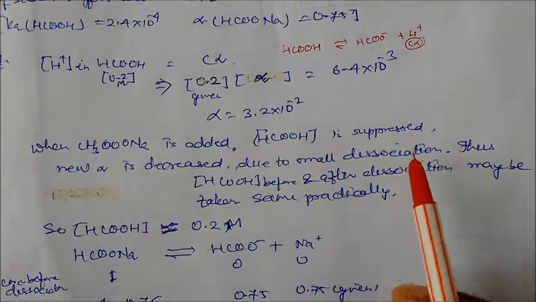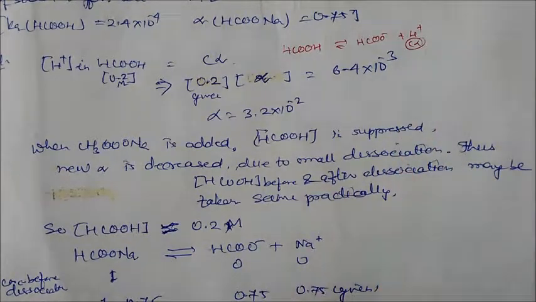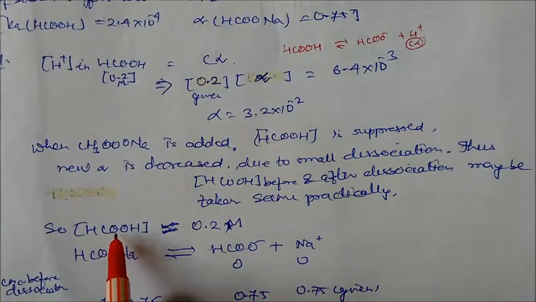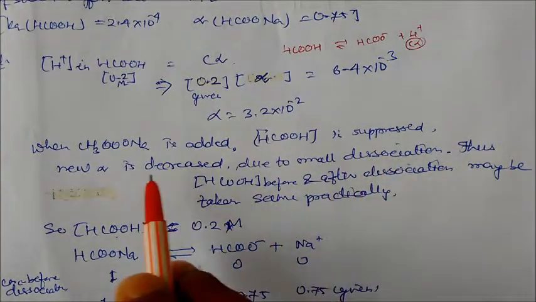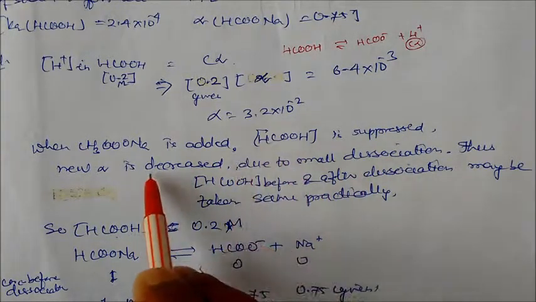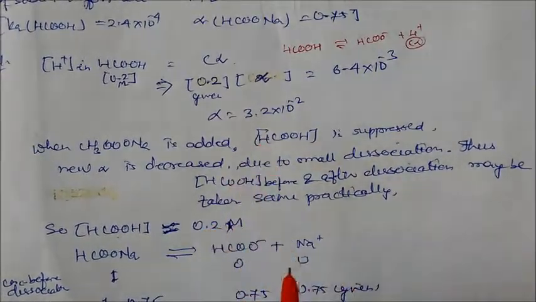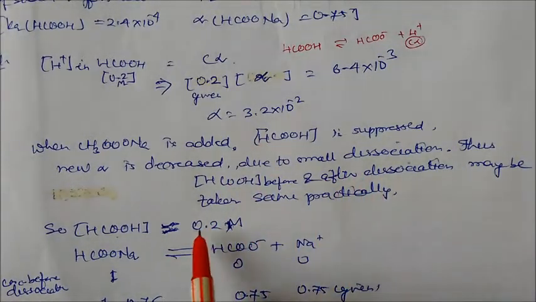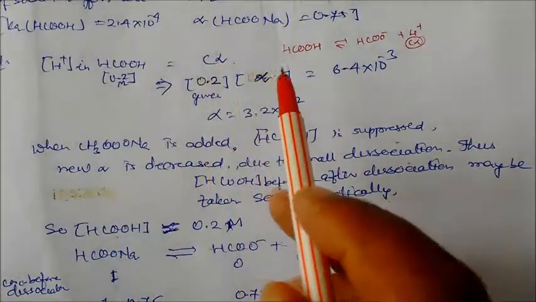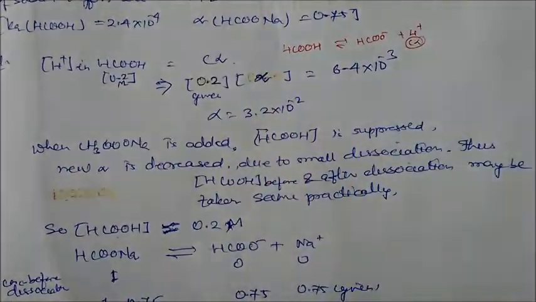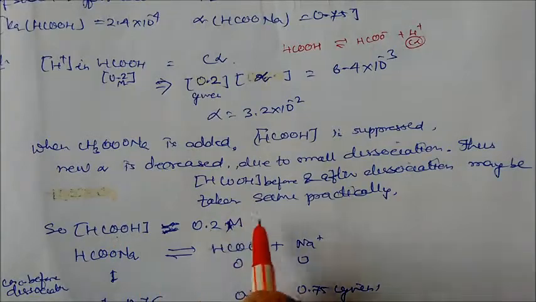Because of the small dissociation, the new alpha is a small value, so the concentration will be almost the same, 0.2 molarity. So the concentration of formic acid is 0.2 molarity.